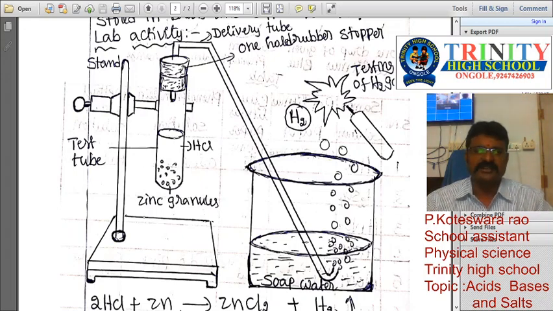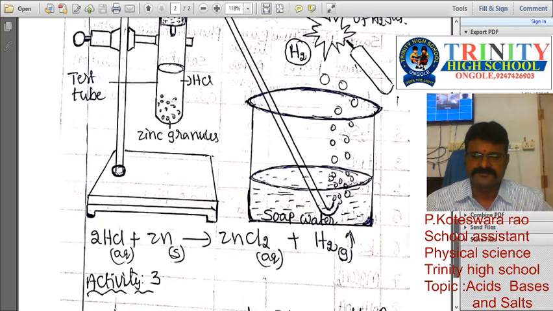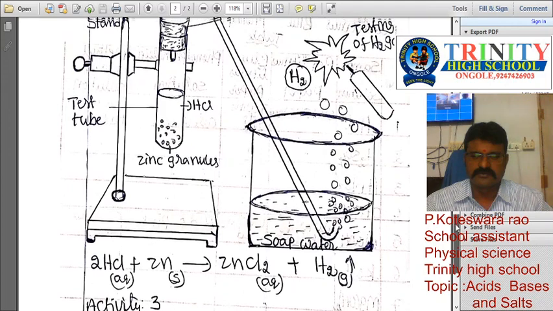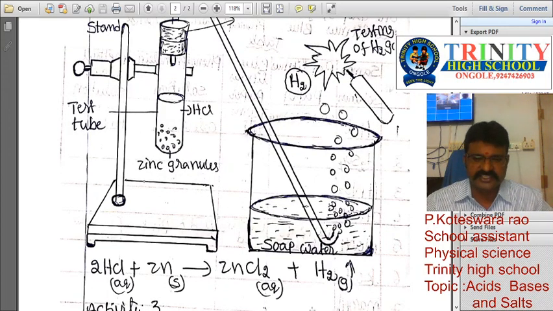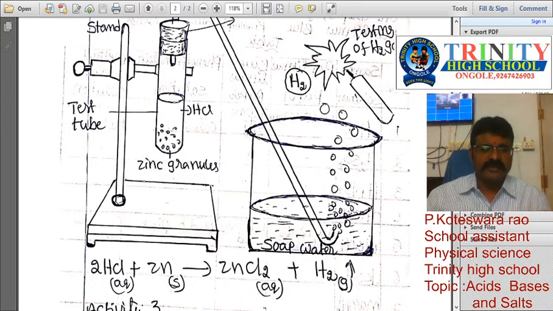Finally, we can easily understand that when the acid, HCl, reacts with zinc granules, the metal, it produces ZnCl2, zinc chloride, plus hydrogen gas, which is eliminated.